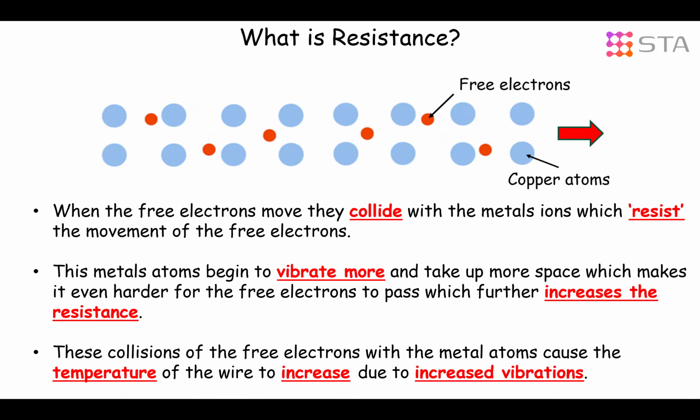And that will, of course, increase the temperature of the wire because of the increased vibrations of the metal atoms. This is why, with resistance, you can find that wires get hot and that increases the resistance further. So please pause and write down any notes you want to, and let's move on.